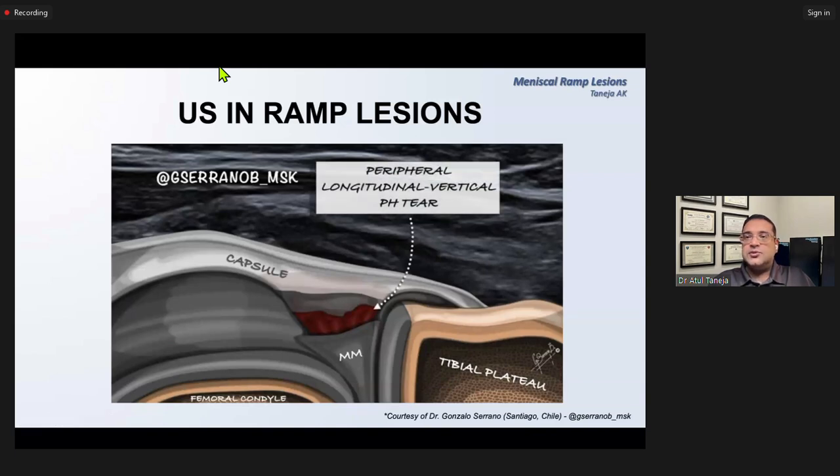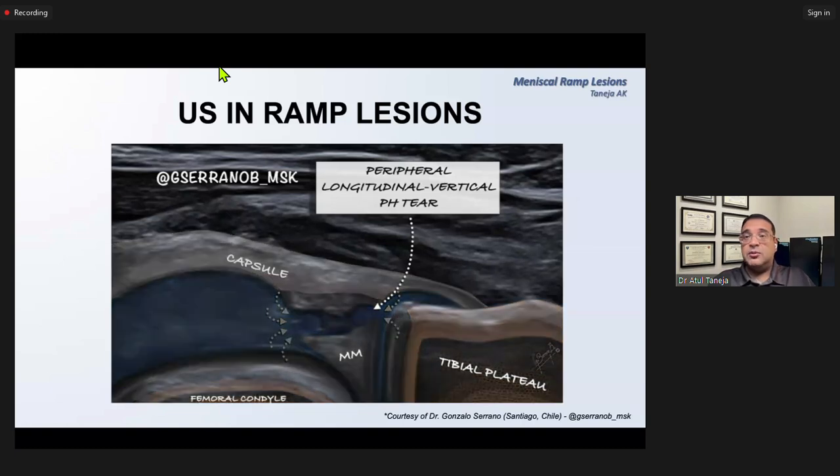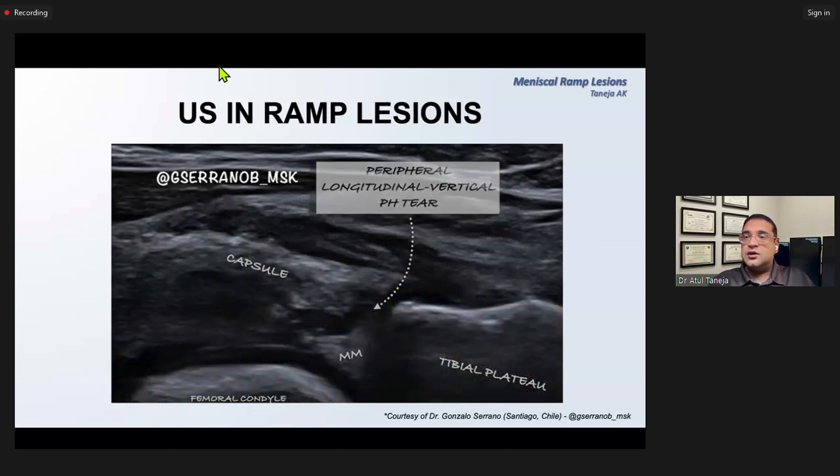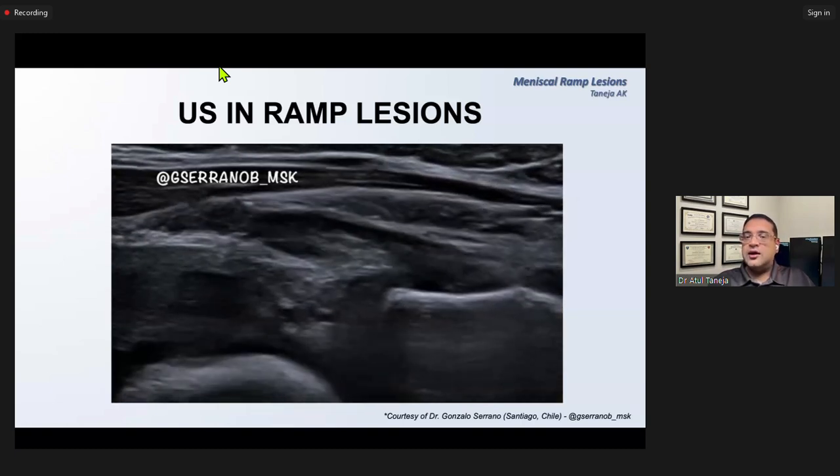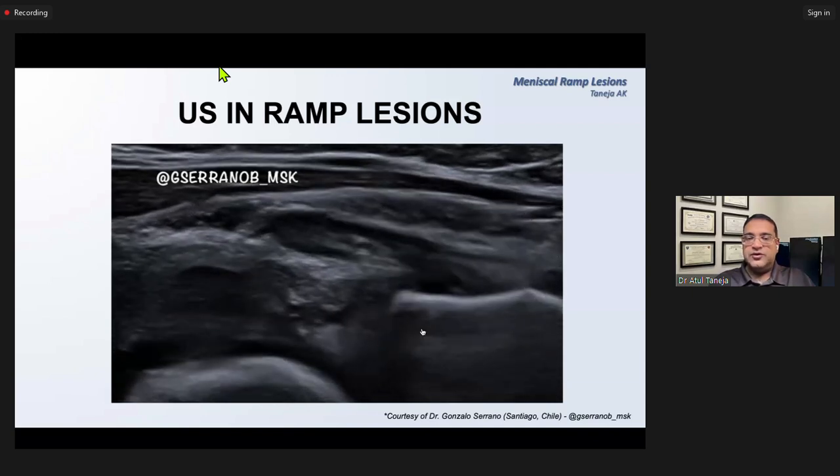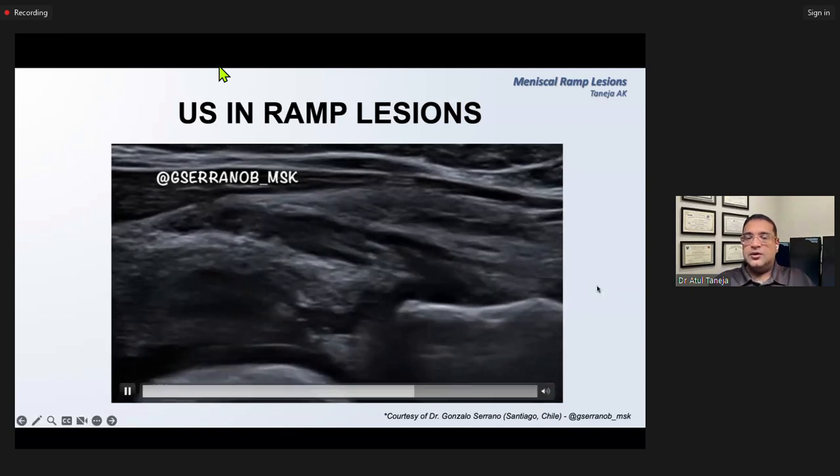It needs, of course, some training and doing a lot of cases until you get to that. Let's say you have a patient on the MRI and you can bring them to the ultrasound suite to try. It will be interesting training. You can beautifully see the gap during flexion.